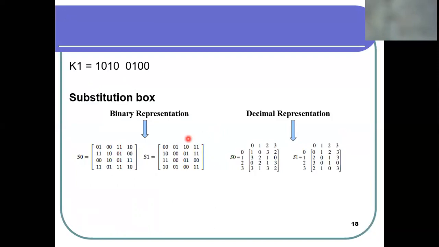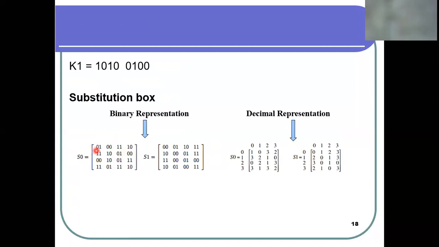So these are basically the substitution boxes after getting K1. After getting K1, we will apply substitution boxes, and these are the substitution boxes in terms of binary representation, and this is the decimal representation. Here you can see, in my previous discussion I talked about how in each and every row there will be no repetition, and each and every row is basically an element from Galois field 2 raised to power 2.